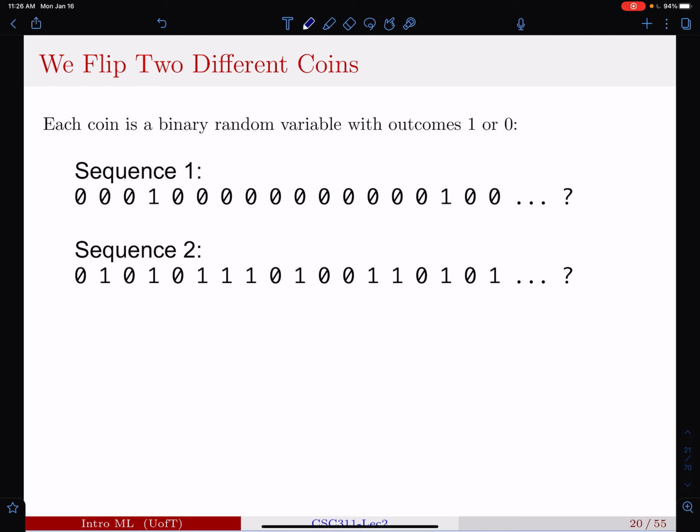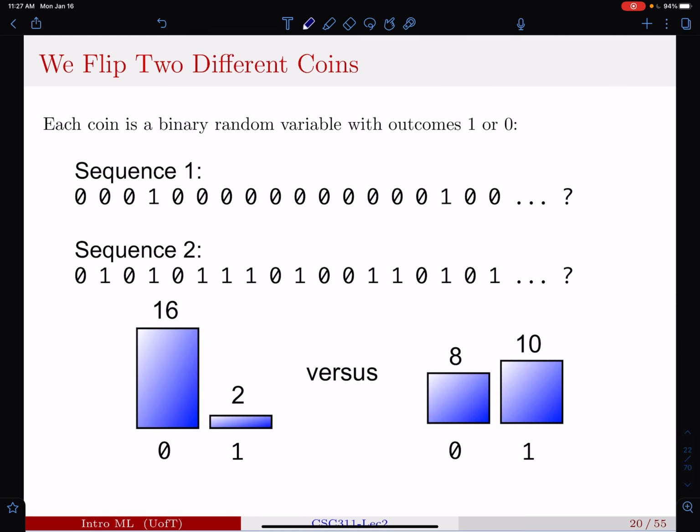Suppose we have a coin, it might be an unfair coin, and we flip it a bunch of times, and then consider a different coin that we flip a bunch of times. And these are the two sequences of flips. The question that the entropy is trying to express is, how much uncertainty is there in each of these sequences of flips? So we can plot a histogram of the distribution of sequence 1 versus sequence 2.